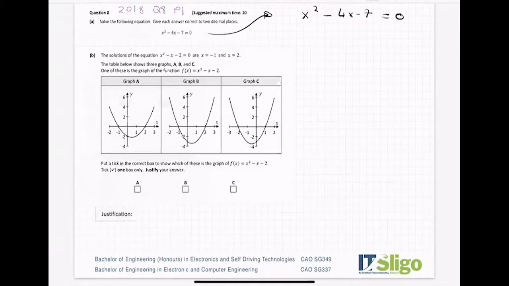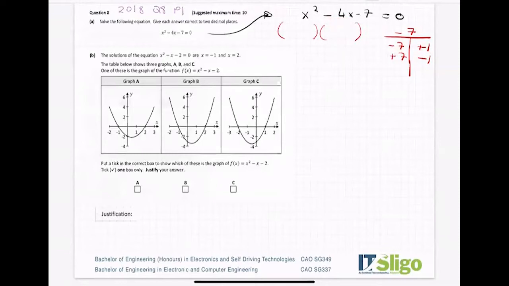Okay, typically when a question asks you to give answers correct to 2 decimal places, that normally means that if I try to get the factors of minus 7, if I wanted to factorize it, it's minus 7 plus 1 or plus 7 minus 1. What it typically means is that there's no pair of factors that will give me the minus 4. Minus 7 plus 1 is minus 6.